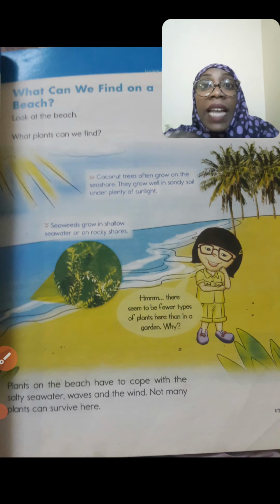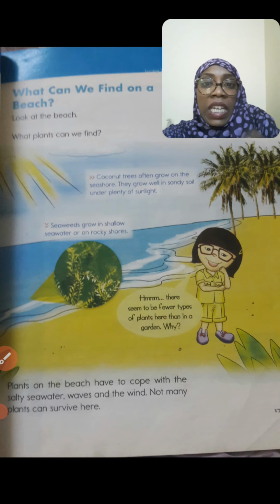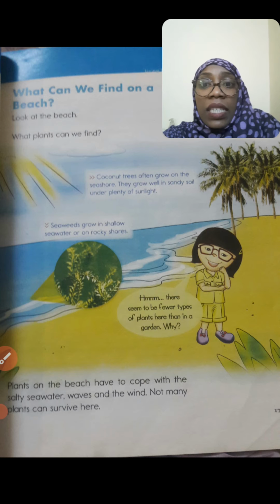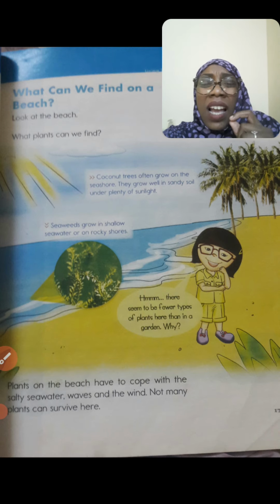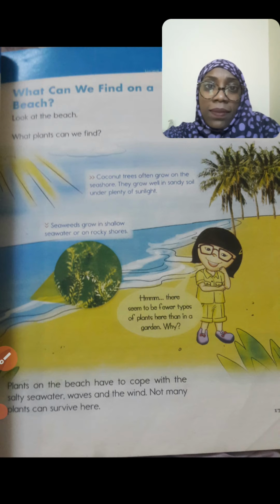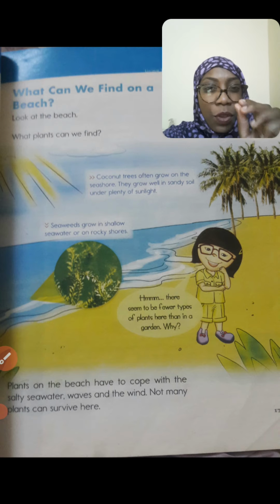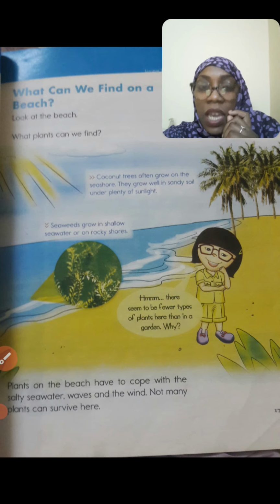Cope means to adapt or to deal with the salty sea water. The water of the sea, I told you, has salt. So plants can't deal with the salt except a few kinds of plants.